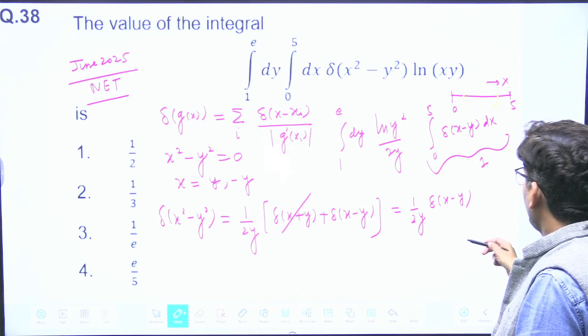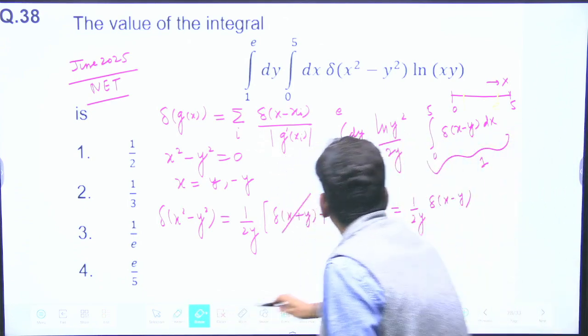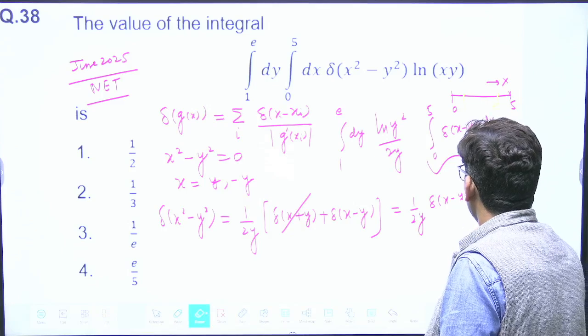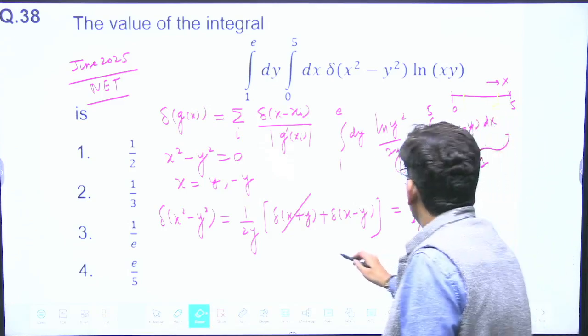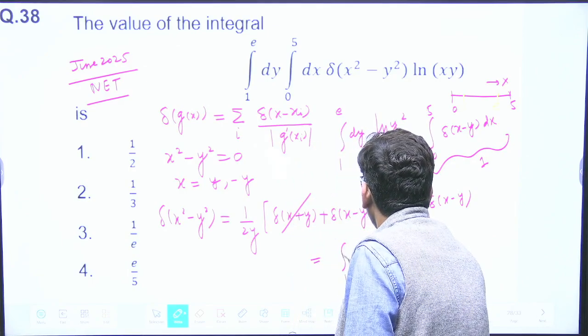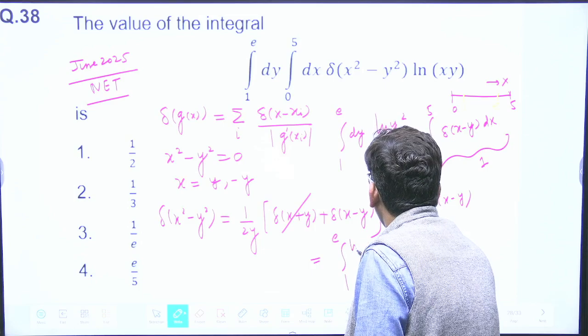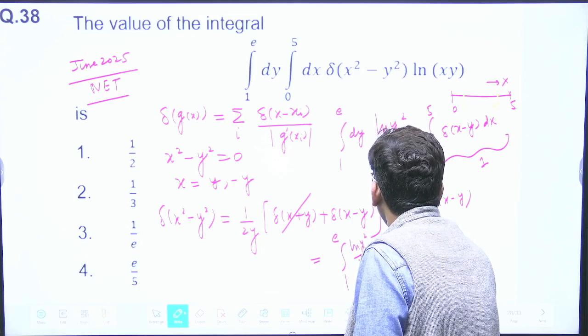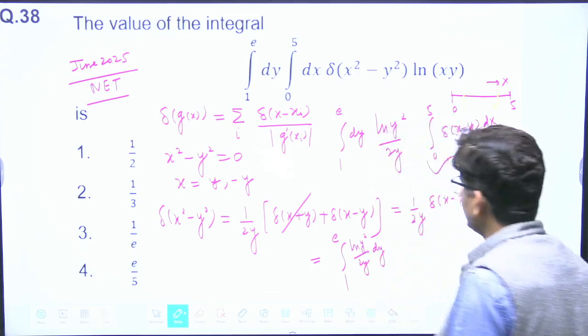So now I have to only integrate this much. Let's solve this: integral 1 to e of log of y square by 2y dy. Only this much is to be solved.